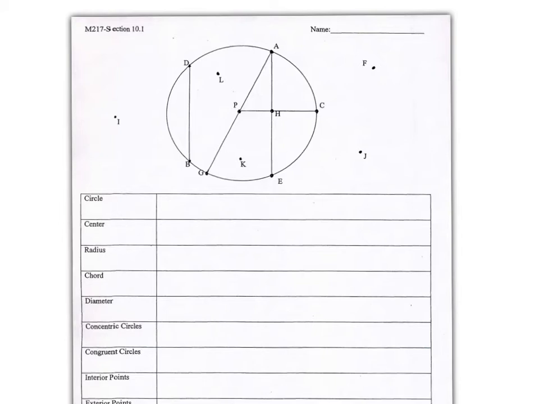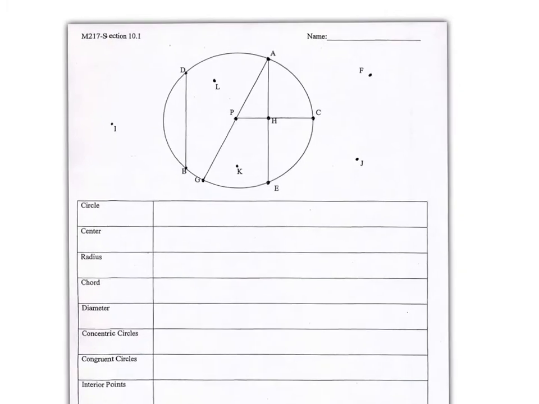Okay, so a circle is defined as a set of all points a given distance from a given point, which we call the center. Zoom in a little bit. Oops, excuse me.